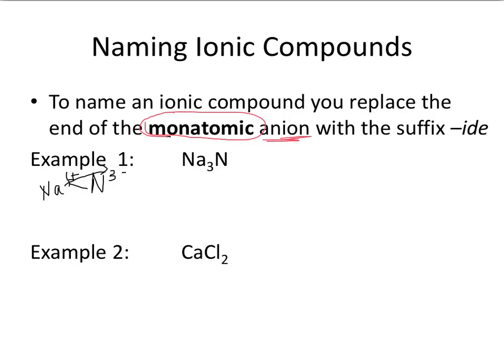If you haven't figured out what your anion is, it's your second element listed there. So this is my anion in each of these compounds. When it's just monatomic, meaning there's 1 element, then the suffix is going to end in "ide." We're going to change the ending to "ide." Nothing happens to the cation. The cation Na stays sodium.